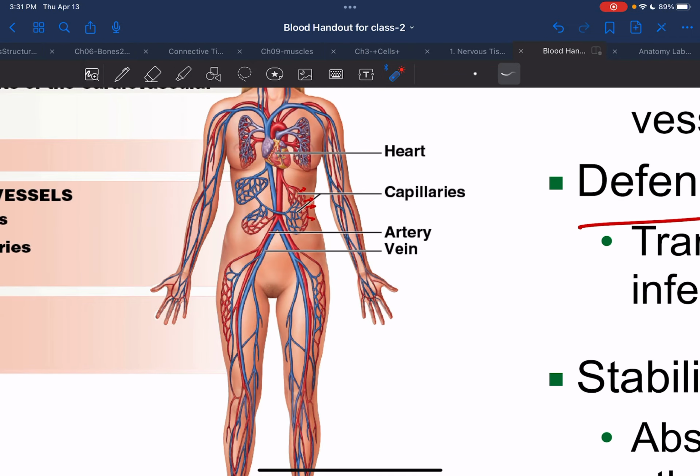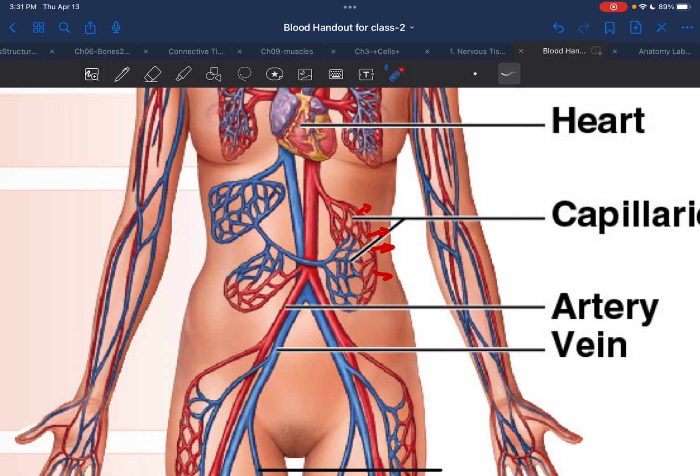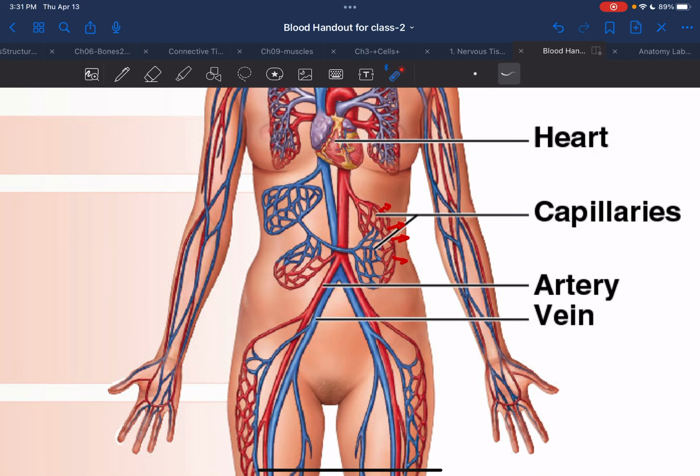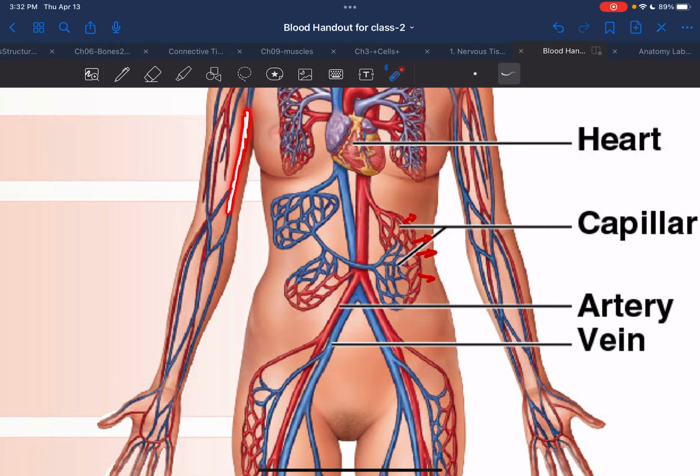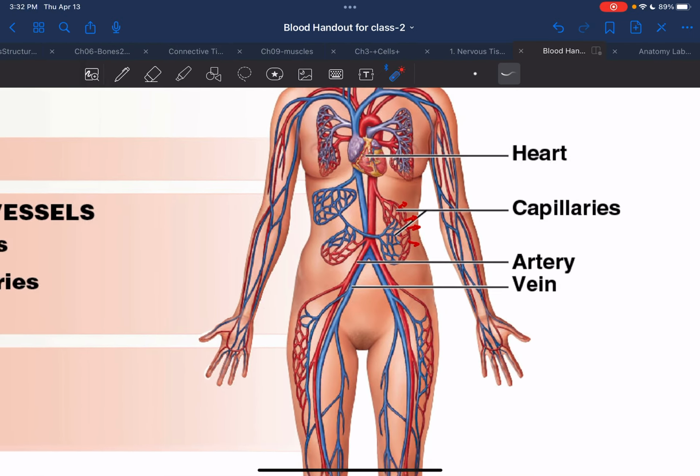But I want you to think about now that your nutrients were delivered to cells everywhere, but your cells don't have a way of getting rid of that waste. So where do they place it? Right back into your blood vessels. And as it's traveling through your blood vessels, how do you get rid of that waste? And the answer is your kidneys. That's what urine is. Urine is the removal of the waste that your cells create from using those nutrients.